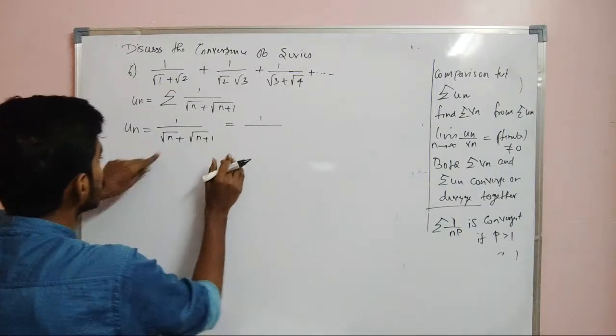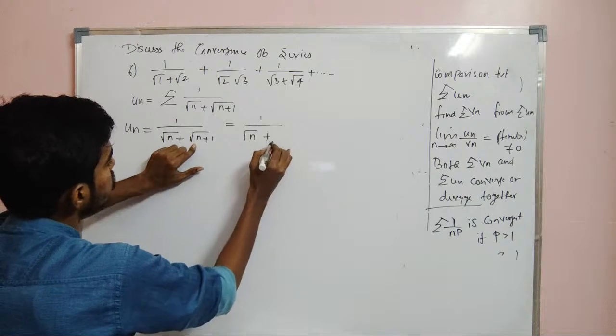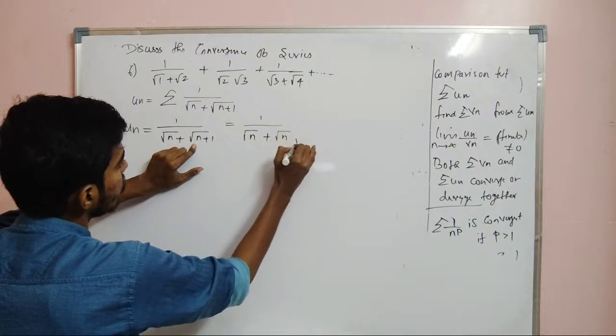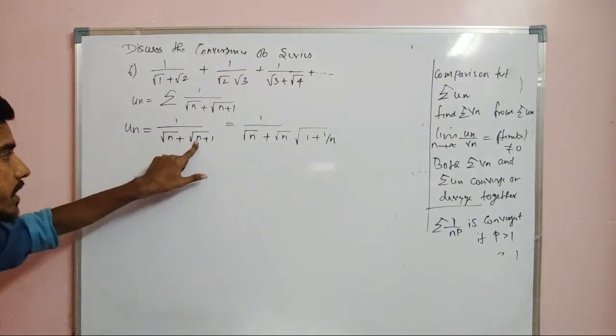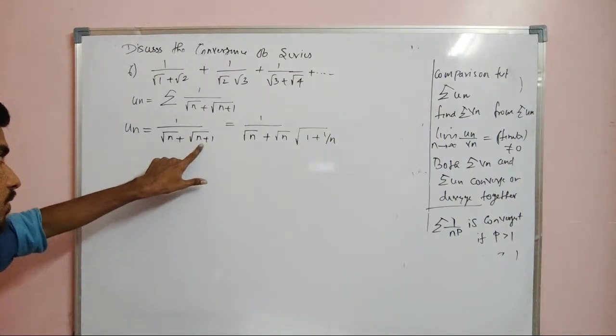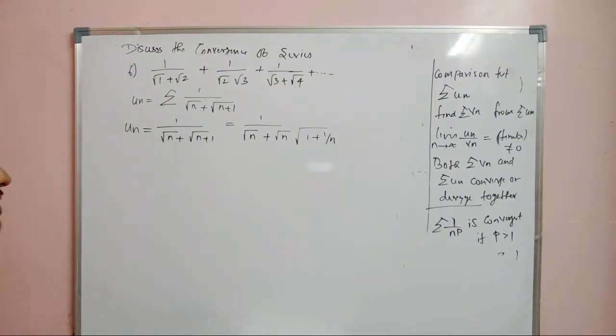Okay, no problem. Let us take root n as it is. If I take root n common here, we will have root of 1 plus 1 by n.